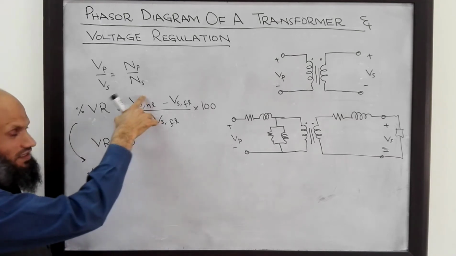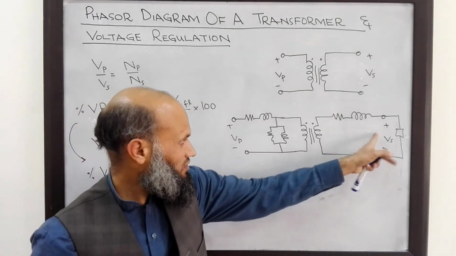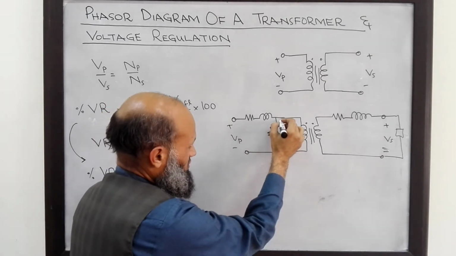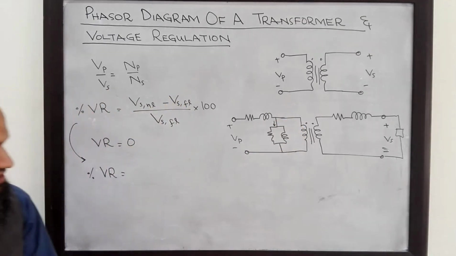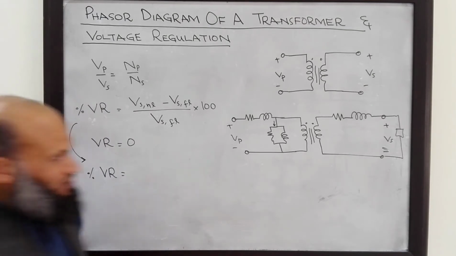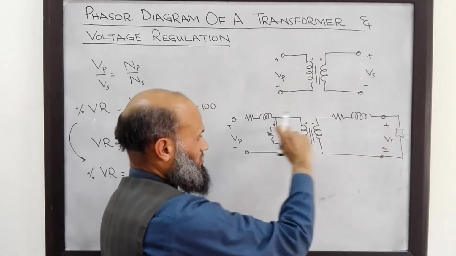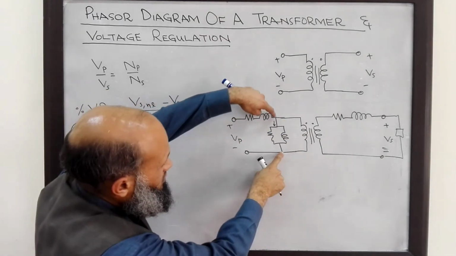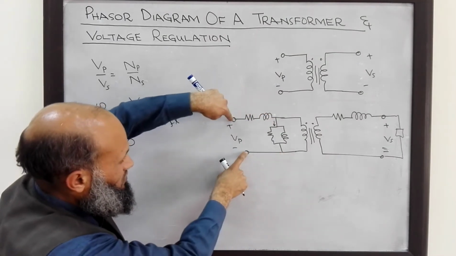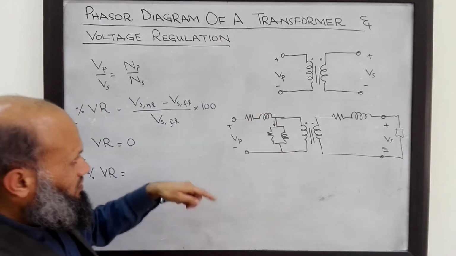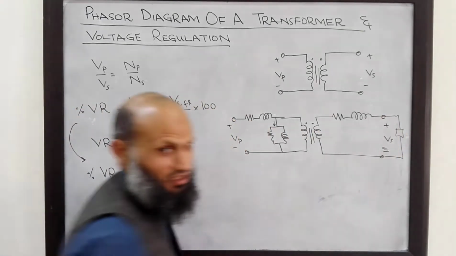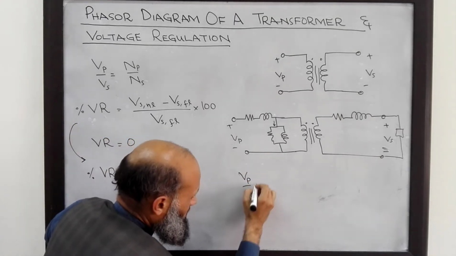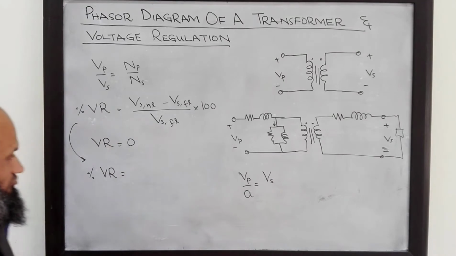At no load, if no load is connected to it, then the secondary voltage is simply equal to, if we just ignore the current in the excitation branch, because this current is very small, it means that if this is open circuited, no current will be flowing through here, and this voltage will be equal to this voltage, and therefore they will be related by the turns ratio, that is Vp over A, where A is the turns ratio, is equal to Vs.